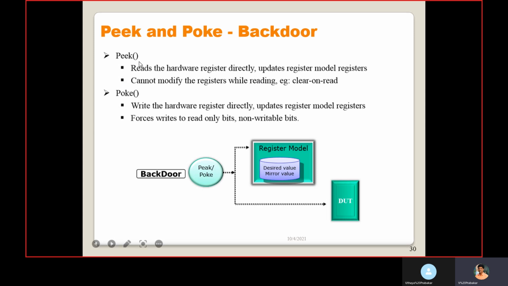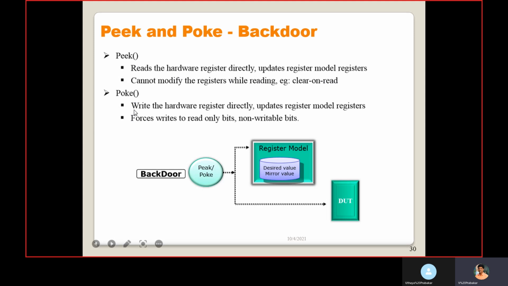Peek is used to read, and once it reads the register directly, it will update the register model, and it cannot modify the register while reading. The value will be there. It will only read, it will not clear the value while reading.